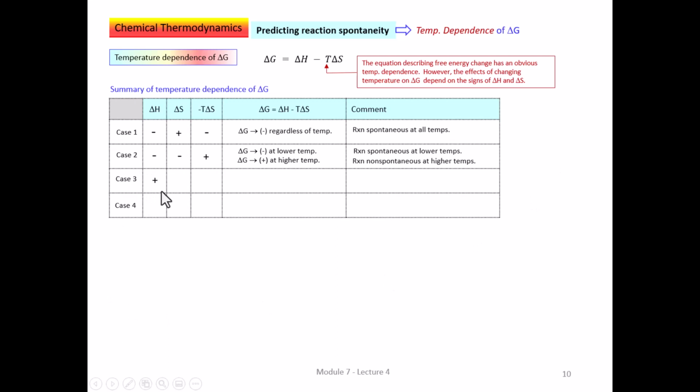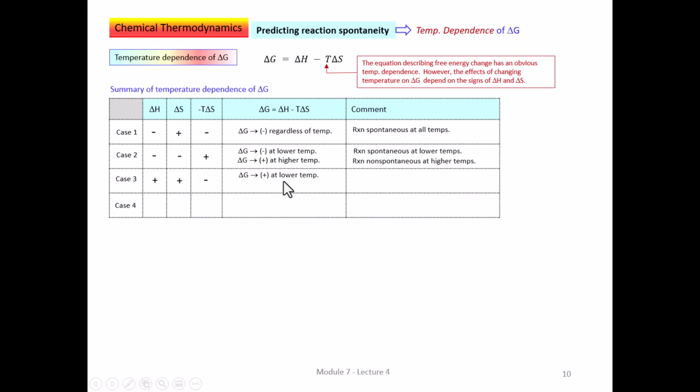How about for case 3, if we decided deltaH was positive and delta S was positive, that means the minus T delta S term would be negative. Well, the delta H term argues for non-spontaneity. The minus T delta S term argues for spontaneity. So the minus T delta S term is not going to win out if temperature is low.